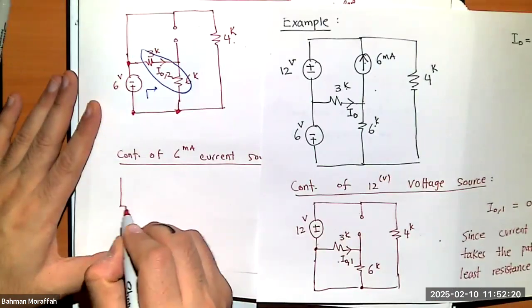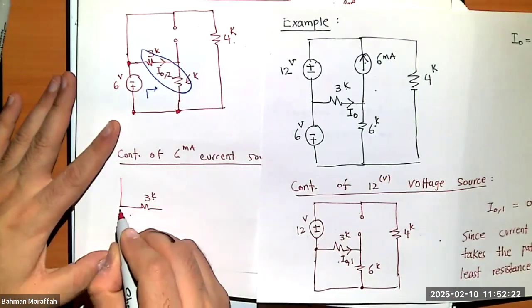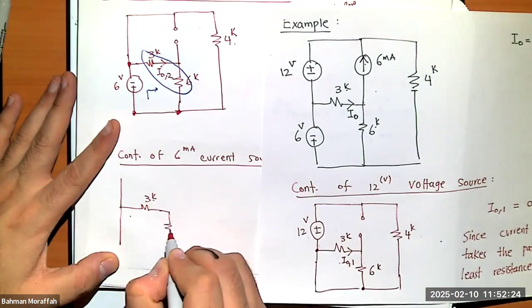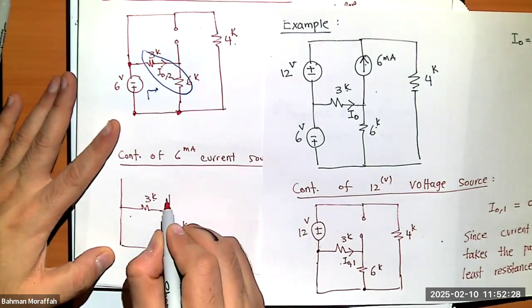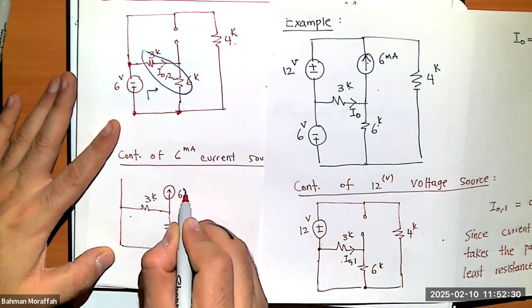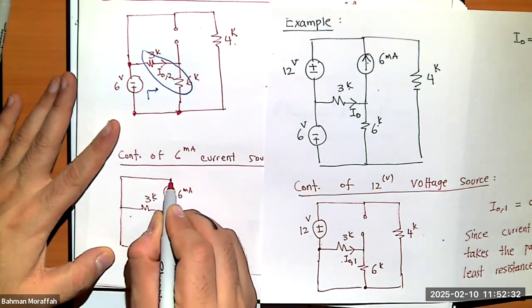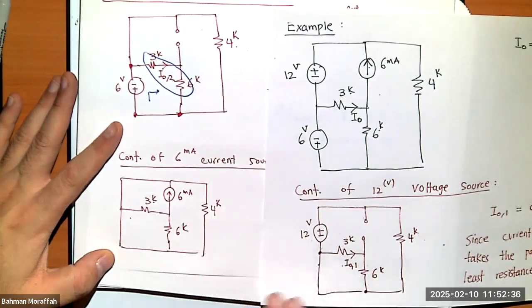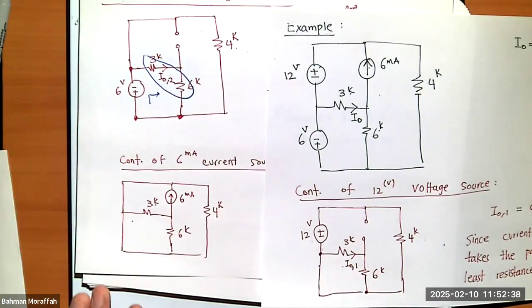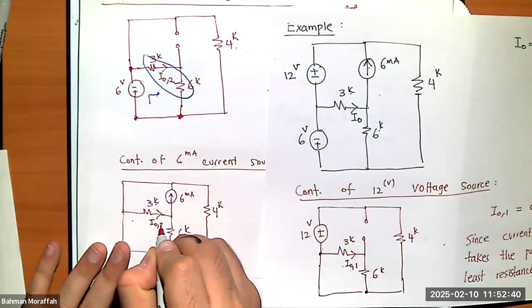I have this, I have the 3K, I have this 6K, I have this current source, 6 milliamps, and I have this 4K. Let's just call this I naught 3.